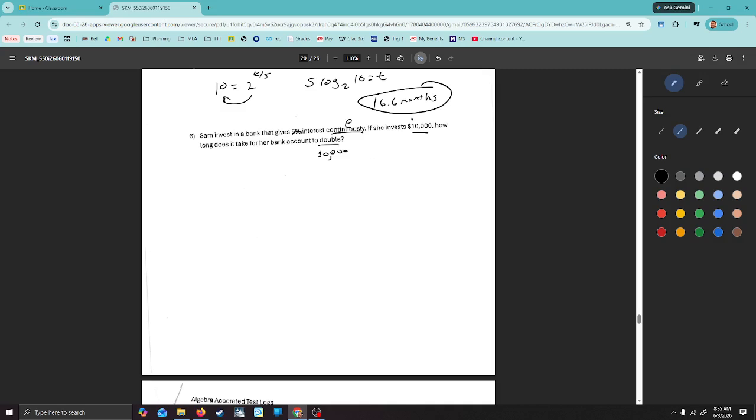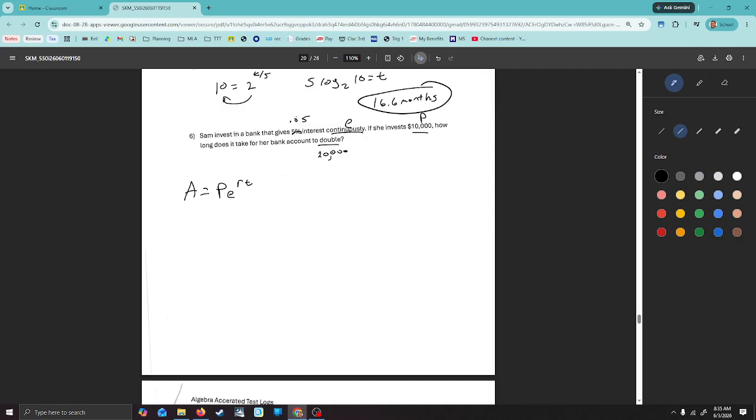Continuously tells me it's going to be E. 10,000 is my initial amount, so that's P. My rate is 5%, so 0.05. Let me write the original formula. The standard formula for this is A equals P times E to the power of RT, or PERT.